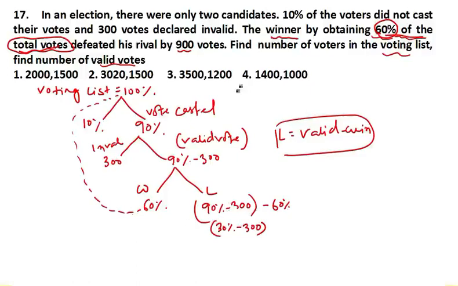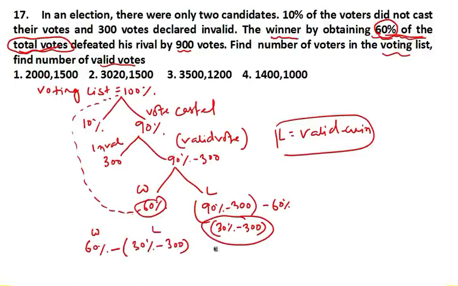Now it is saying their difference, this winner and this loser, their difference is 900. The winner is 60% and the loser is 30% minus 300. Their vote difference is 900.